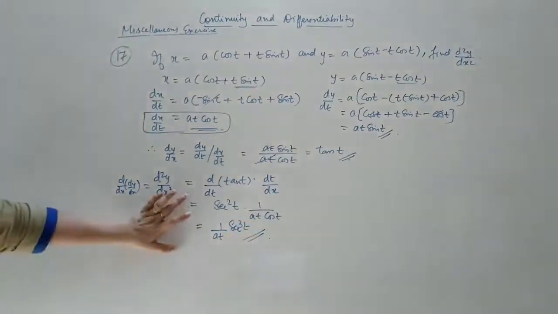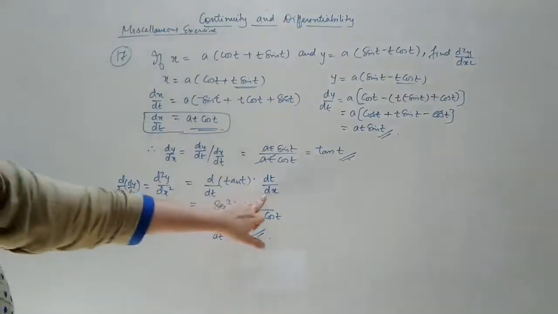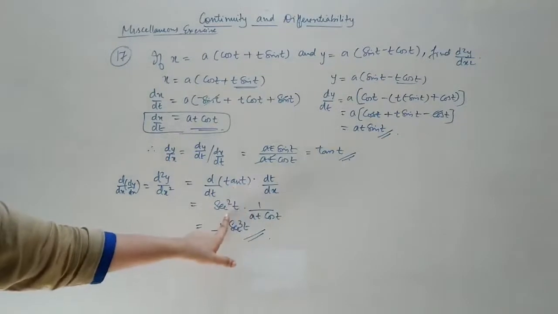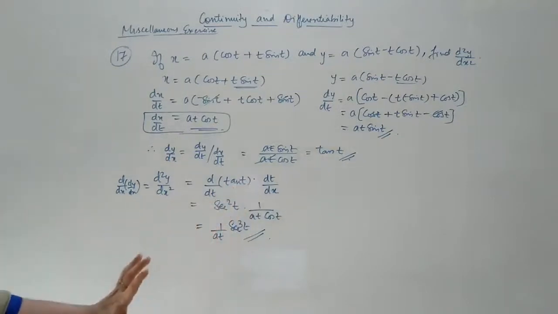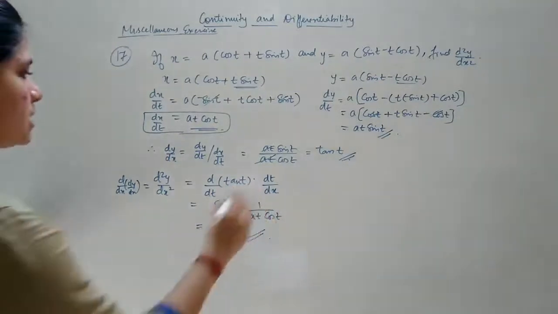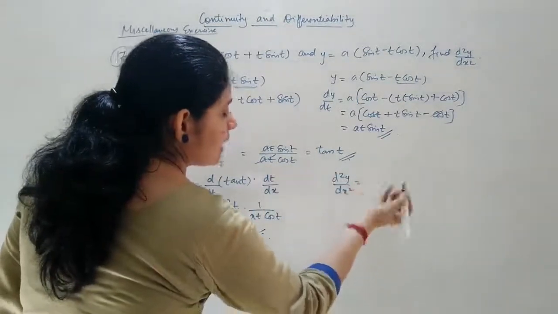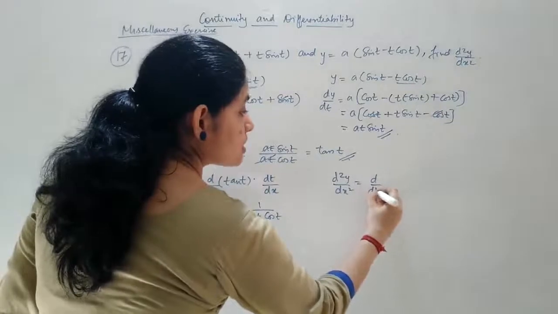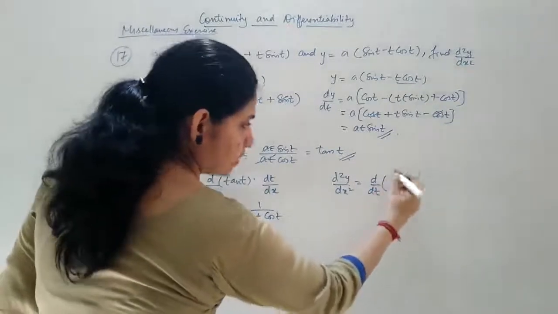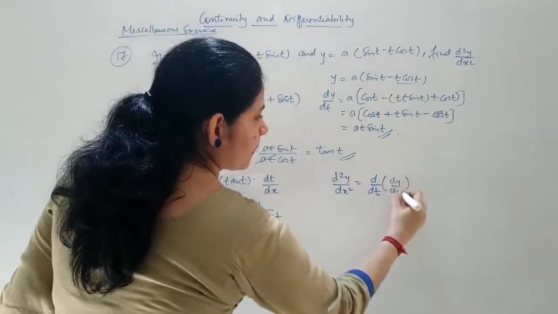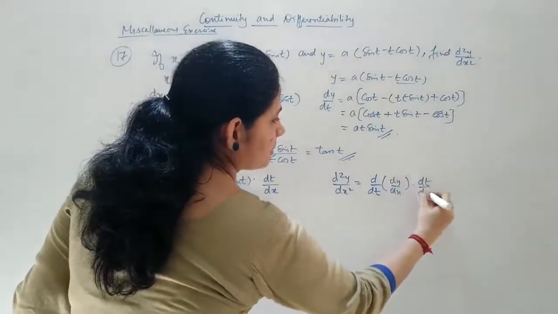And this is very important. Children used to make a mistake here. They will just differentiate till this. Tan t will be differentiated and the answer will be sec square t. But they will forget to do this. So this step is very important. That is, if you have to find d square y by dx square, and the term is with respect to some other parameter, that means you have to follow this step.